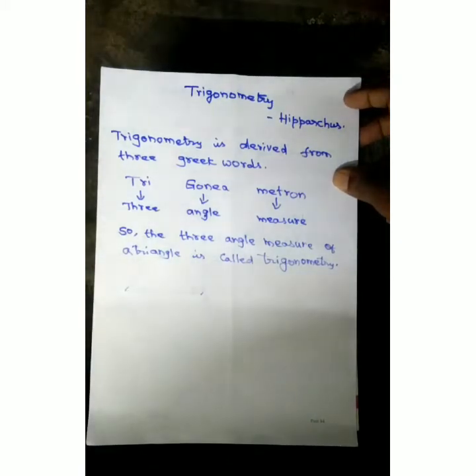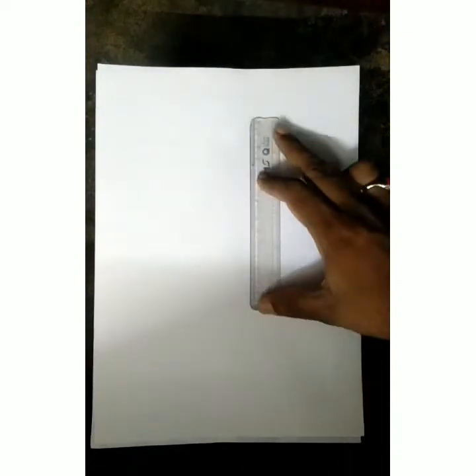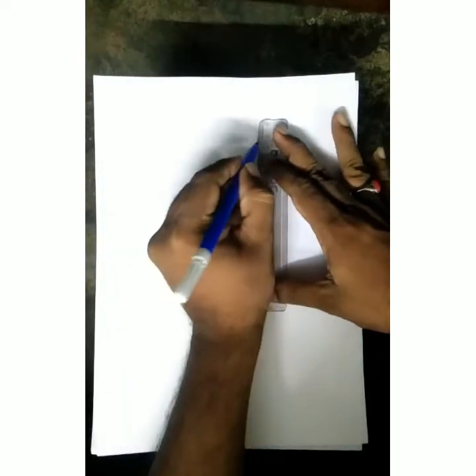So it explains six ratios in a right angle triangle. What are the six ratios? Let us see. Let us draw a right angle triangle first.